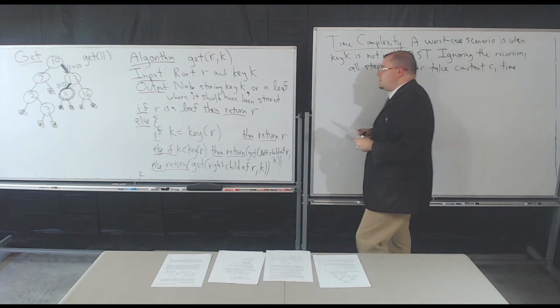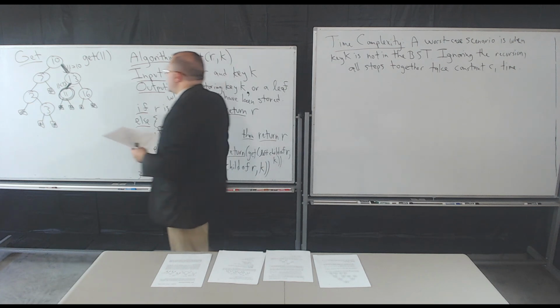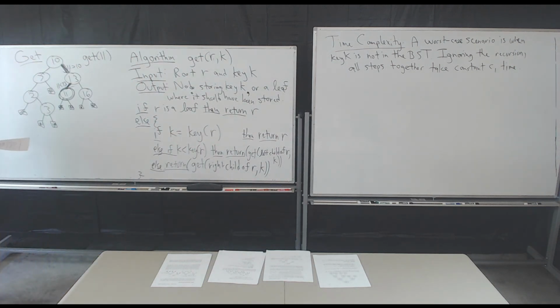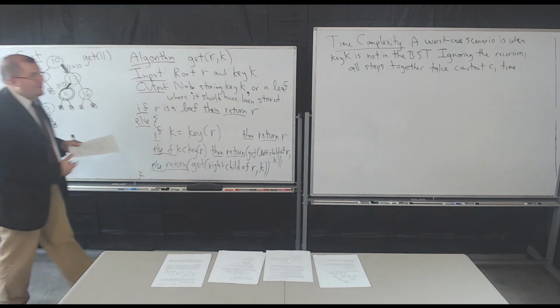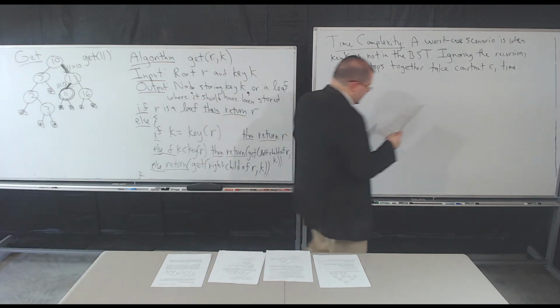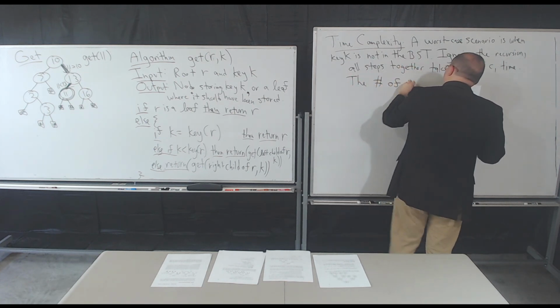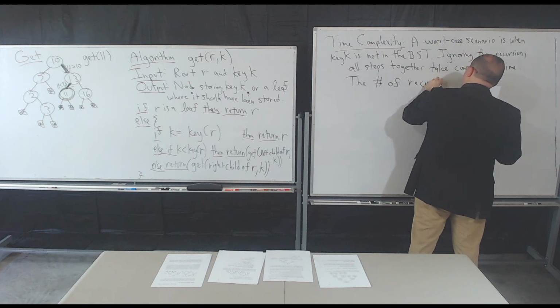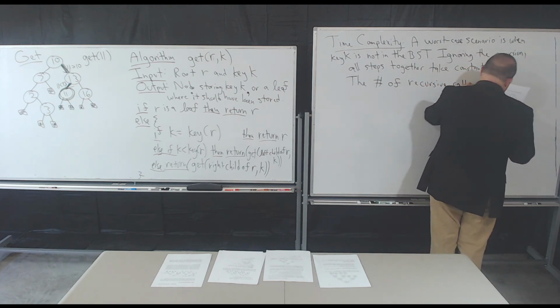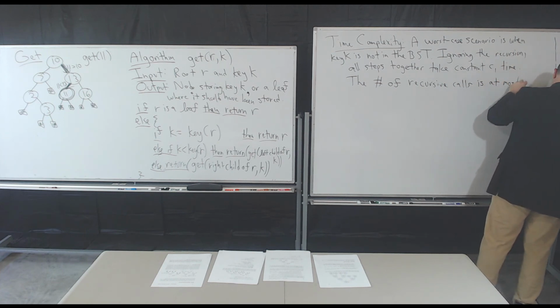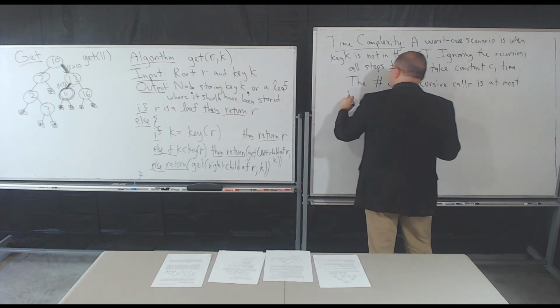How many recursive calls can possibly happen? How far can I go down? Believe it or not, it's the same bound we had before. It's the height plus 1. The number of recursive calls is at most height plus 1.